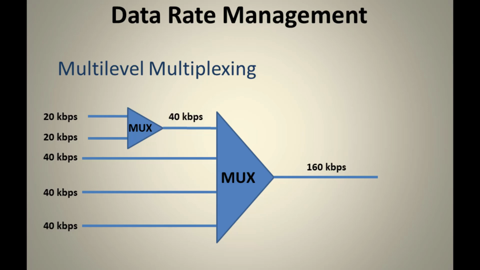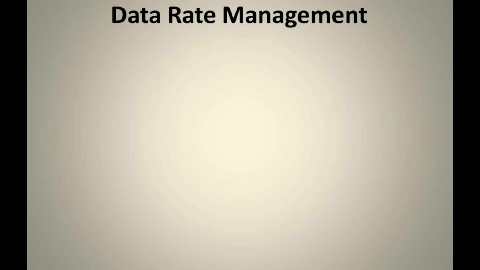So we have 40 kbps here, and we are using multi-level multiplexing. There are 2 levels: one level combines the 20 kbps signals, and the final one combines the 40 kbps signals into a 160 kbps signal. So this is multi-level multiplexing.